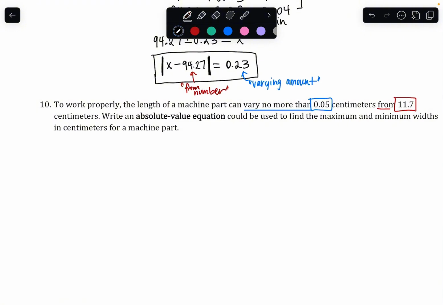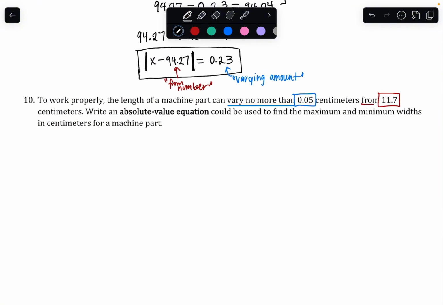Write an absolute value equation that can be used to find the maximum and minimum widths in centimeters for a machine part. Okay, and so you're always going to have x minus and then equals a number. It's minus the from number and equals the varying number. We want that distance to be on the right.